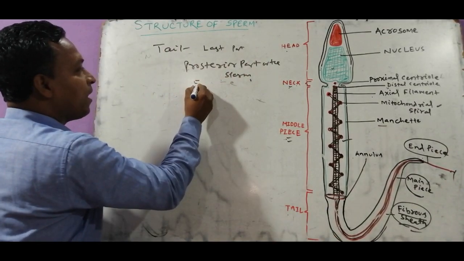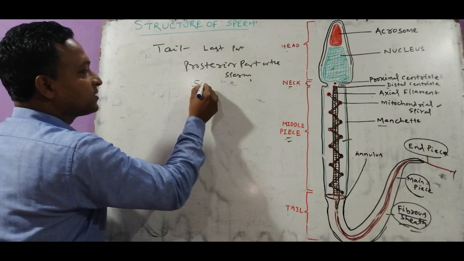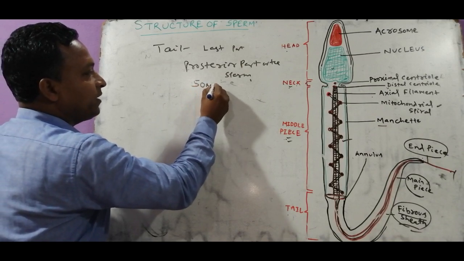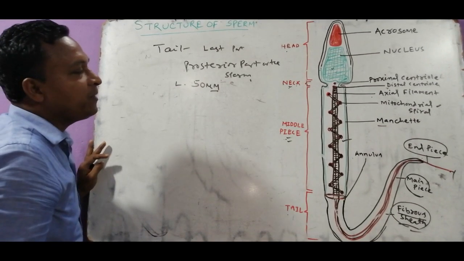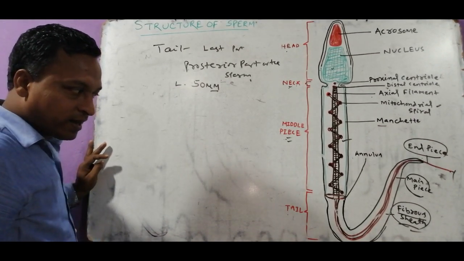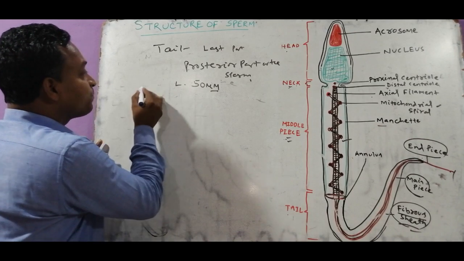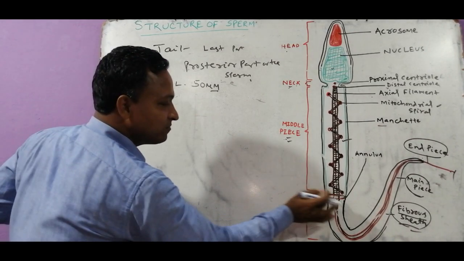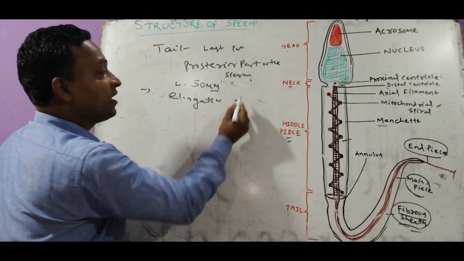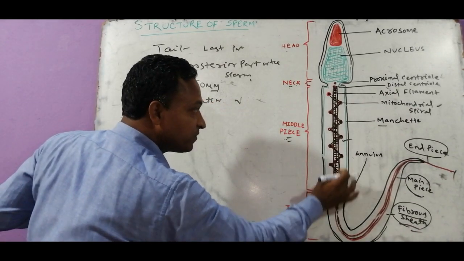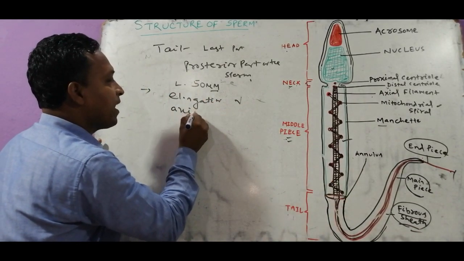Its length is nearly 50 micrometer. Next, it is formed by the elongation of which filament? Axial filament.